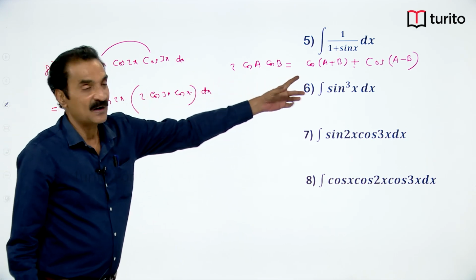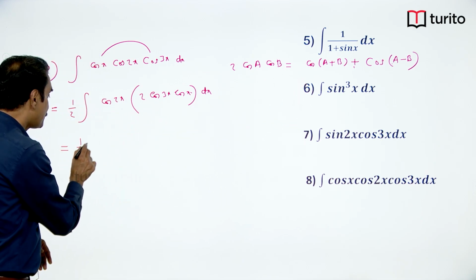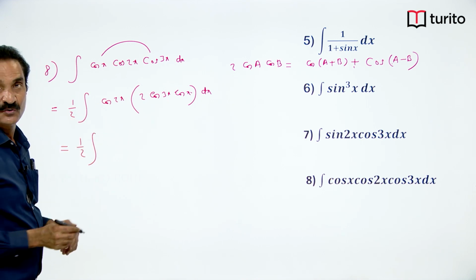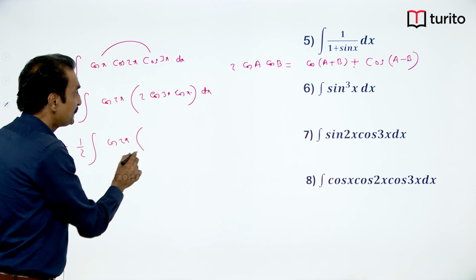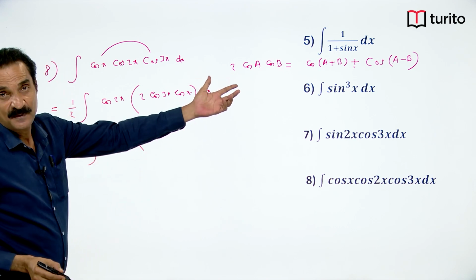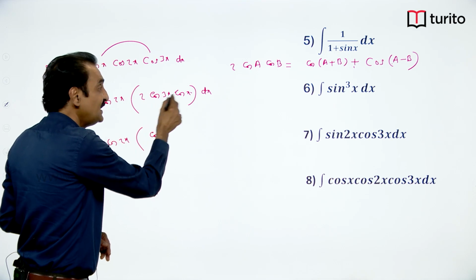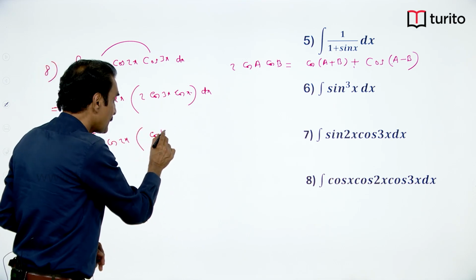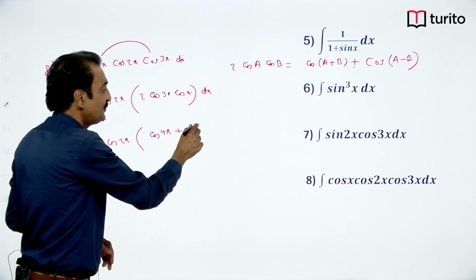Where you can apply this formula, half into cos 2x into 2 cos A cos B is cos A plus B plus cos A minus B. Cos A plus B is 3x plus x, 4x, plus cos A minus B, 2x.